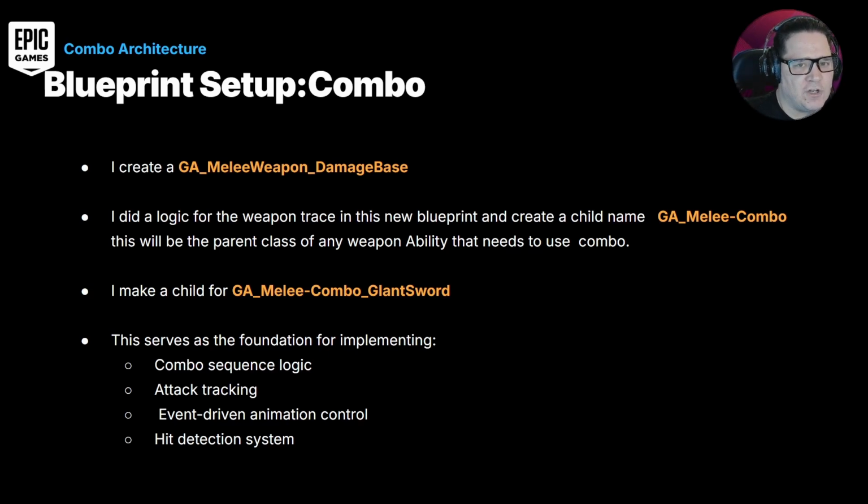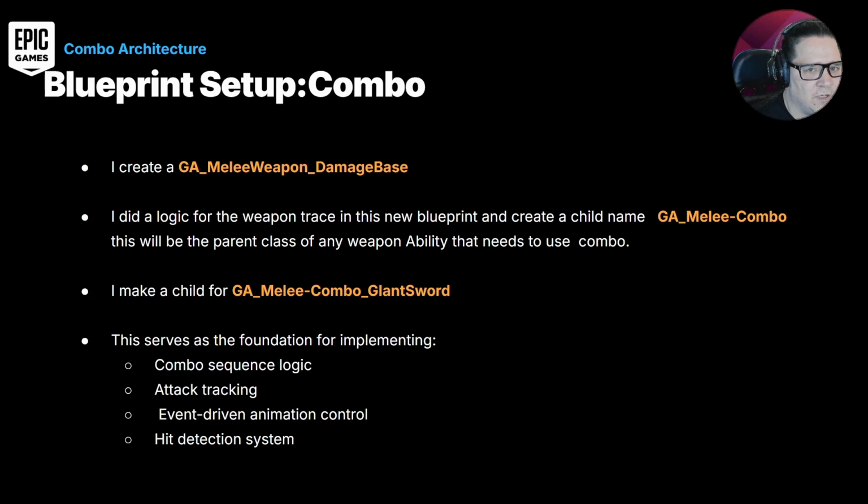This allows me to generate a trace function for all of the gameplay abilities that inherit from this gameplay ability. And from this one, I create a gameplay ability for the melee combo, and later I will use one for creating one for the rush attack and for the jump attack if it's necessary. And I create a child for this one called gameplay ability melee combo giant sword.